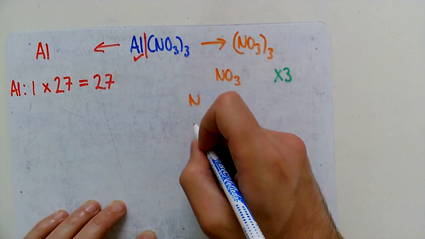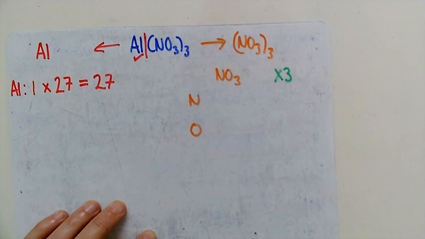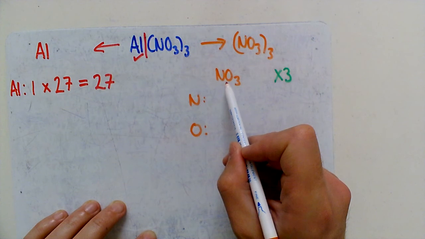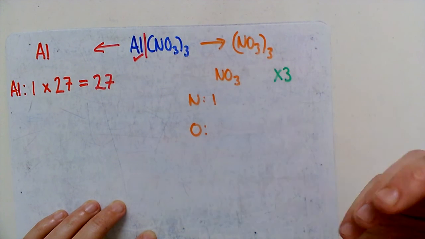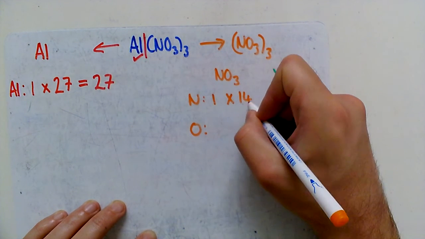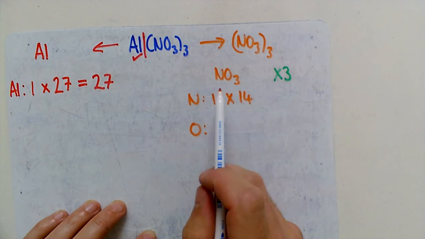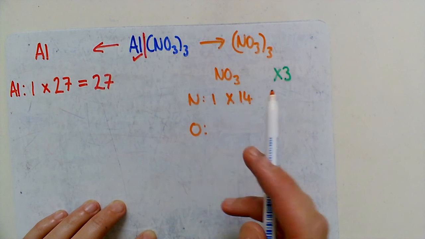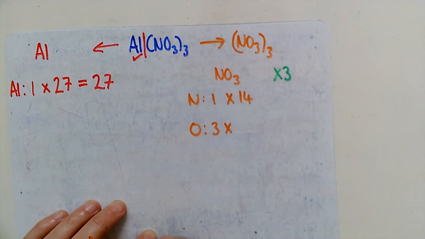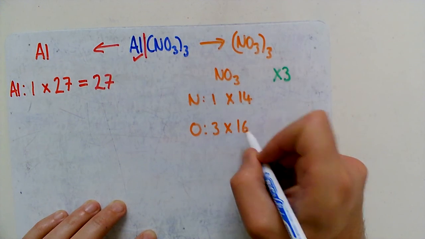It's got nitrogen and it's got oxygen. Nitrogen, no number after it, which means there's 1. When we look up the data booklet, nitrogen has a mass of 14. Oxygen has a 3 after it, so we've got 3. When we multiply, we're going to be multiplying by 16.